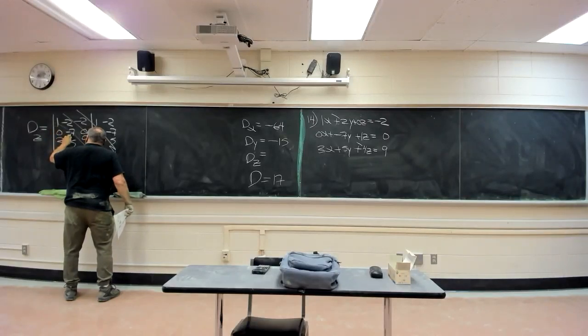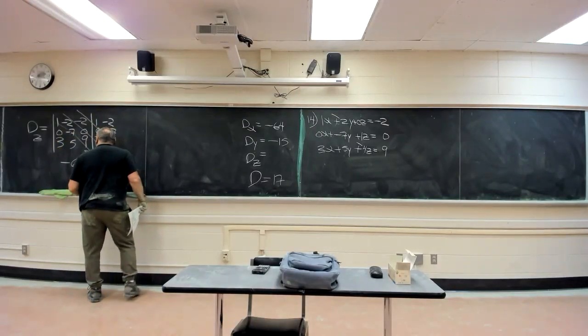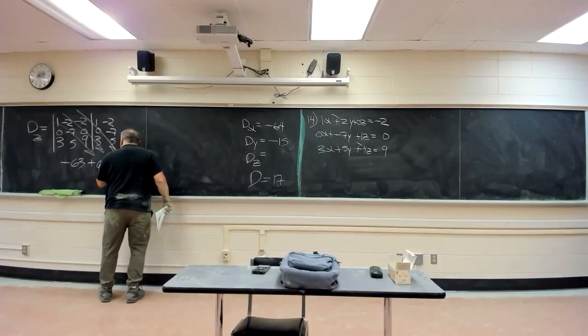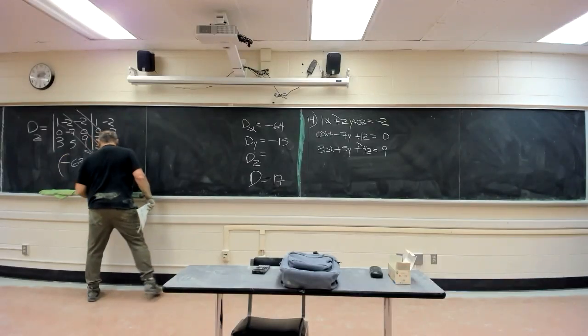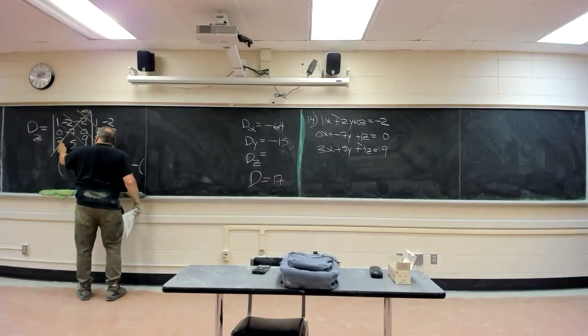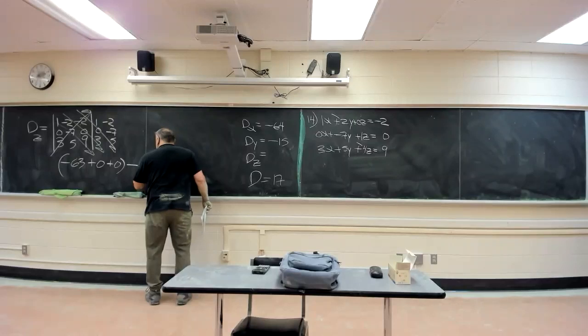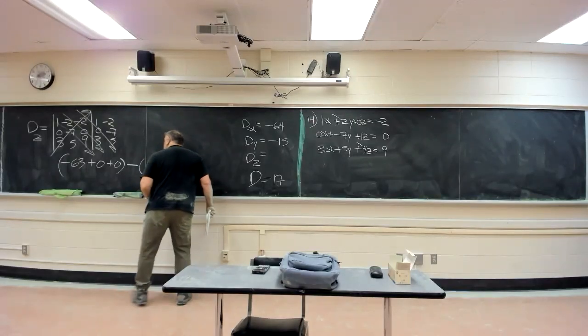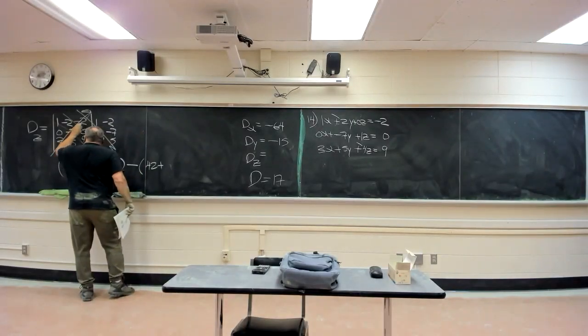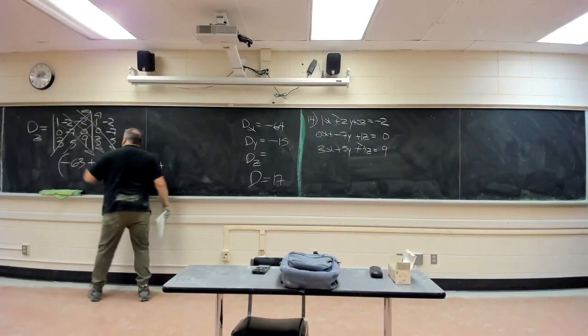1 times negative 7 times 9 is negative 63. Negative 2 times 0 times 3 is 0. Negative 2 times 0 times 5 is 0. 3 times negative 7 times negative 2 is positive 42. 5 times 0 times 1 is 0.